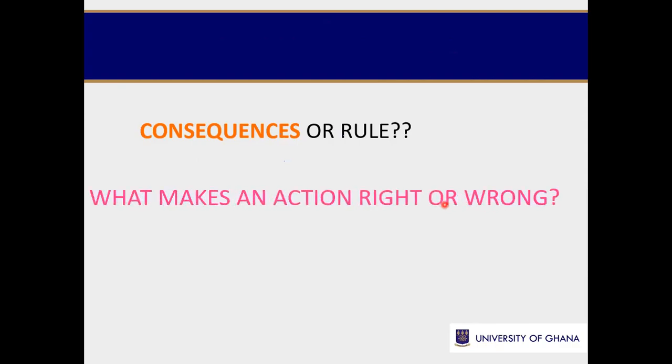Now this takes us to the question of consequences or rule. What makes an action right or wrong? A preliminary slide dealt with interrogating moral standards. It looks as if universalism, with all its flaws, because we struggle to find what the principles are that transcend all cultures.